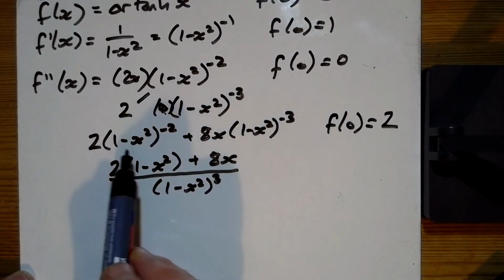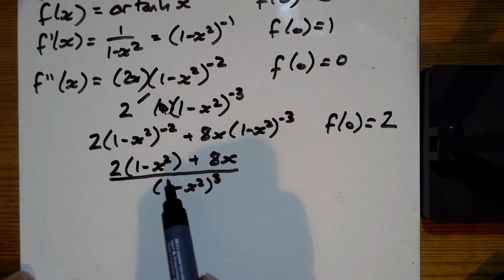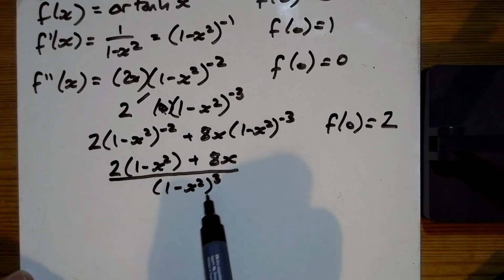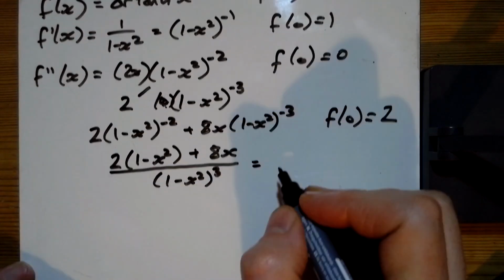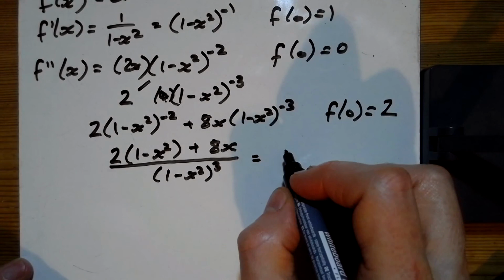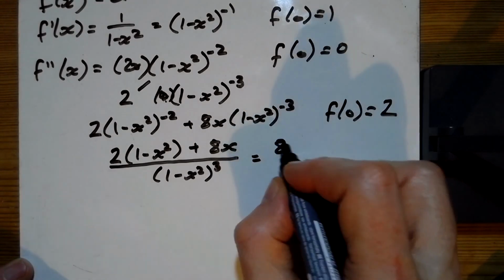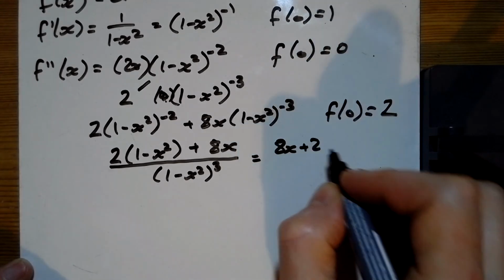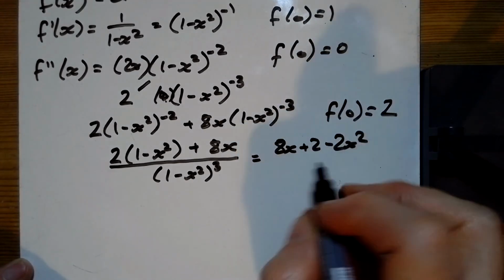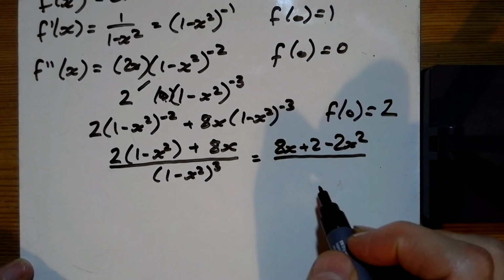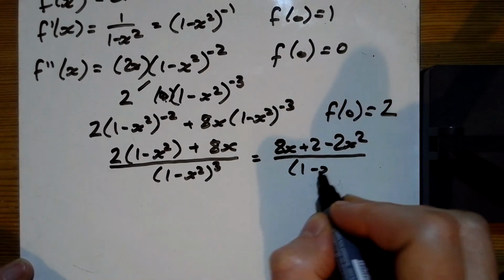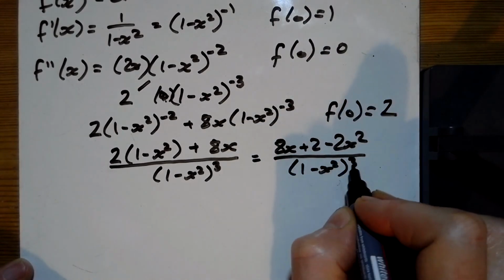So notice here, although that was to the power of minus 2, we put 1 there and 3 on the bottom there. So it gives us, on the top here, we've got 8x plus 2 minus 2x squared. And now on the bottom, we've got 1 minus x squared all cubed.